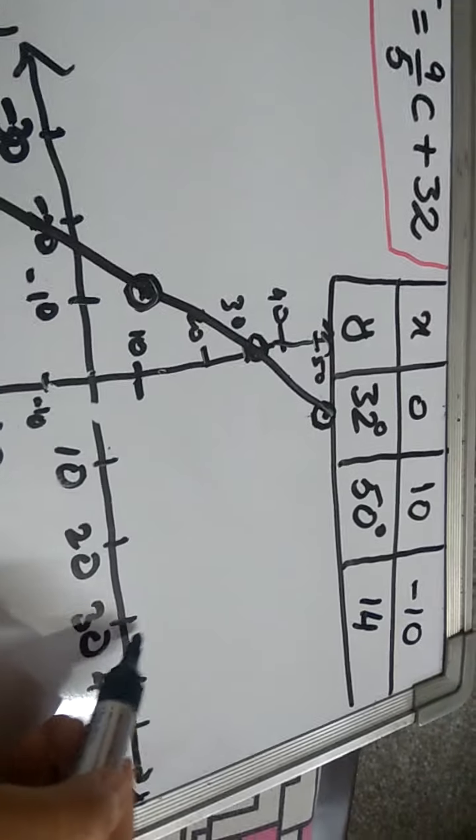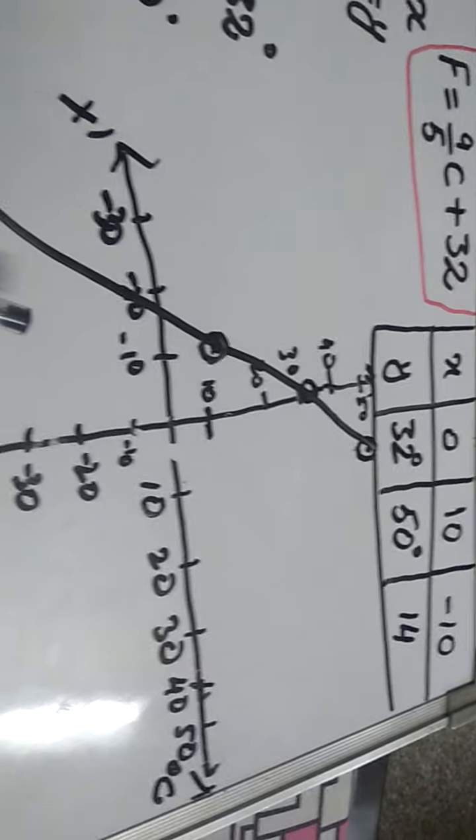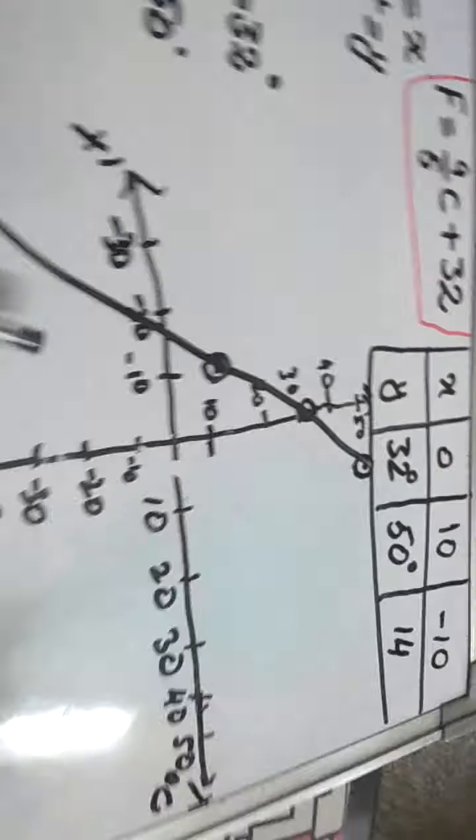Now let's move on to the second part. If the temperature is 30 degrees Celsius, what is the temperature in Fahrenheit? So for this we have to extend our graph, dear students. If the temperature is 30, we can read the graph by making it in a proper way.